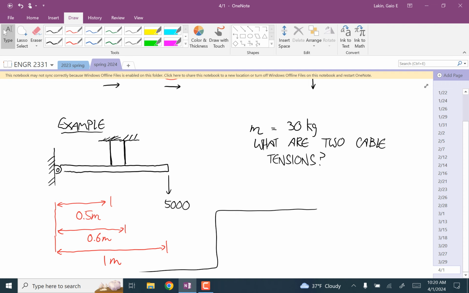And cable 2 is copper. So that's about 110 times 10 to the 9. We're going to assume that the cross-sectional areas are still the same.